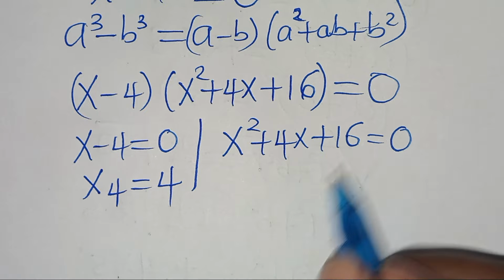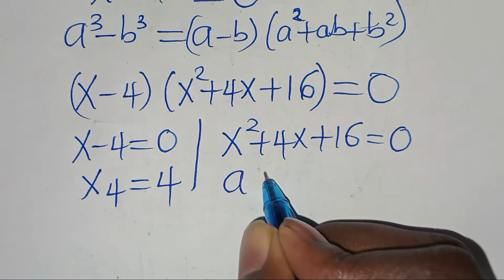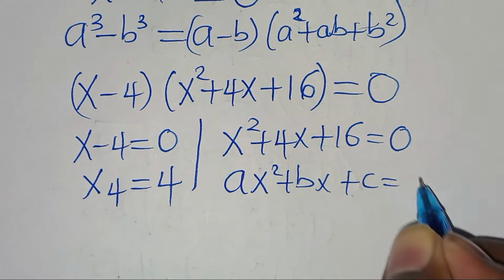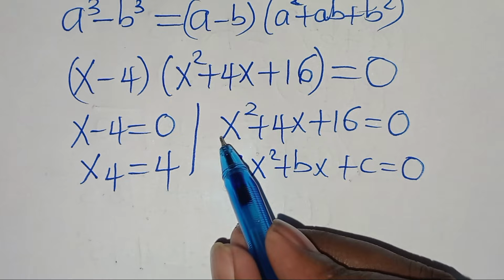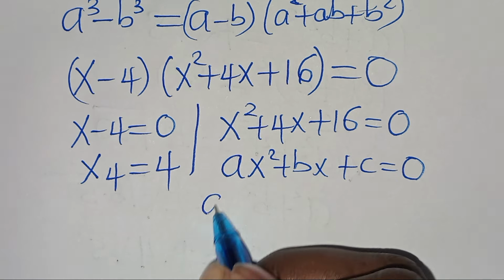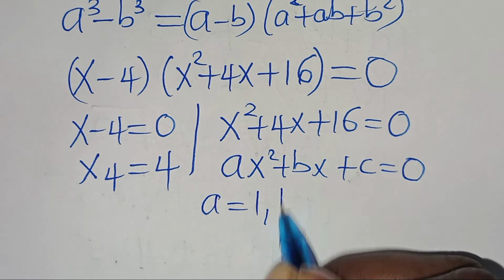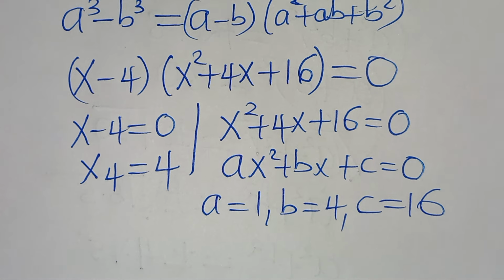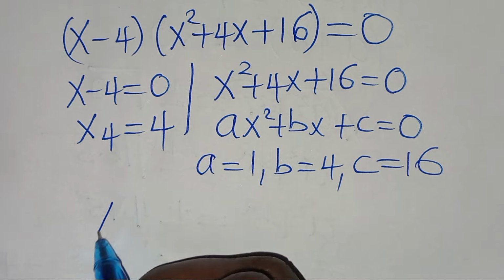From the second part here, this is a quadratic equation of the form ax squared plus bx plus c equal to 0. From this quadratic equation, we have a equal to 1, b equal to 4, and c is equal to 16.